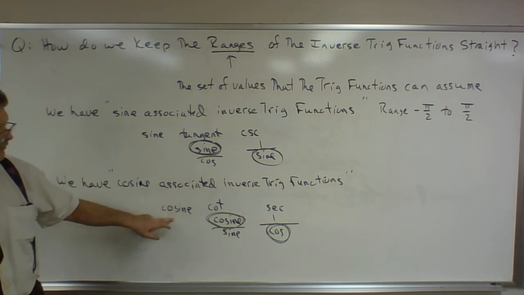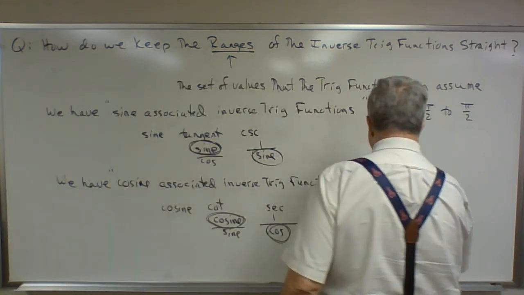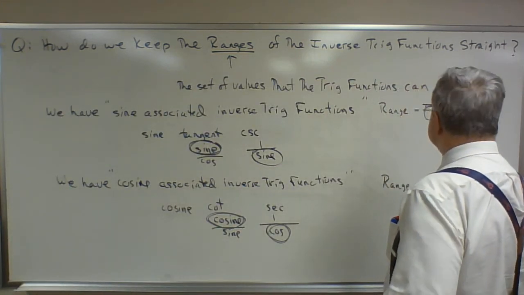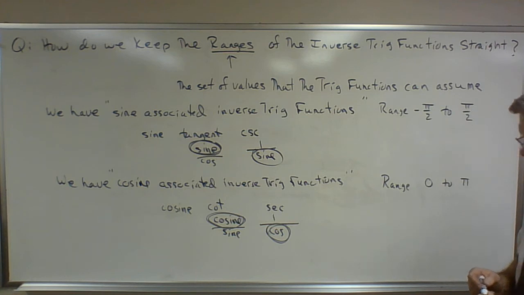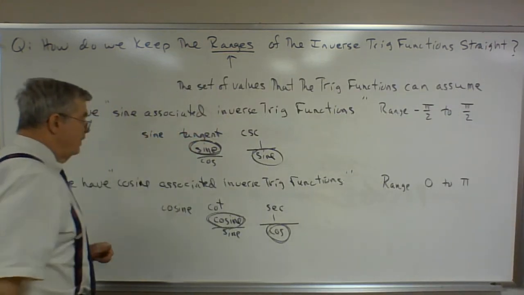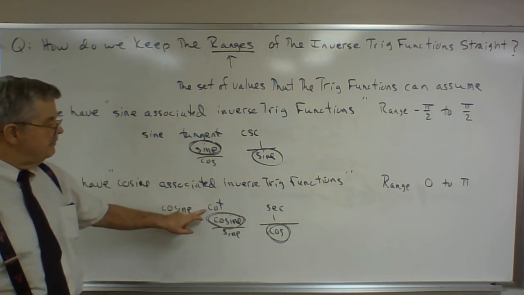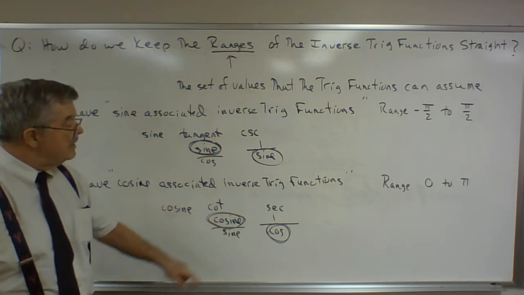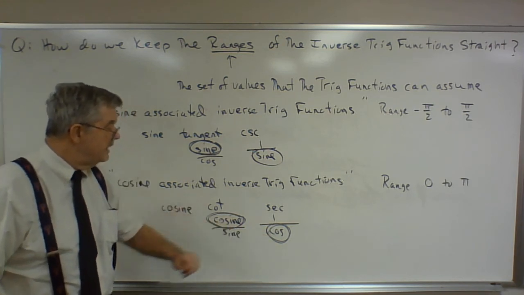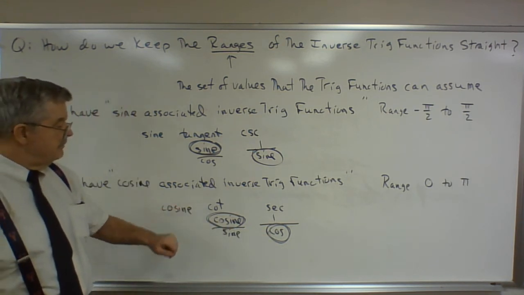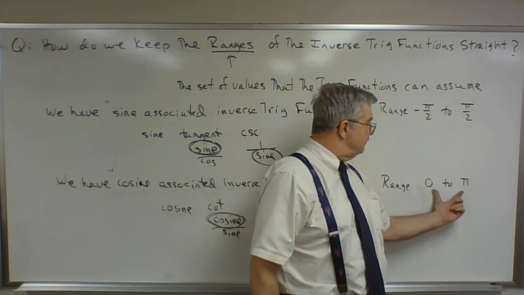So inverse cosine, inverse cotangent, inverse secant all have a range from 0 to pi, essentially. So we can associate cotangent and secant with cosine because cotangent is cosine on top over sine. Secant is 1 over cosine. So we have cosine, cosine, cosine. The inverse cosine, the inverse cotangent, the inverse secant, they all have the same range. It's the same as the inverse cosine.